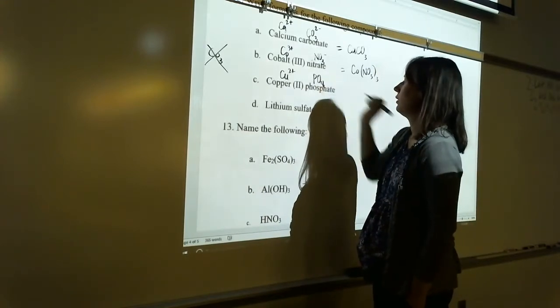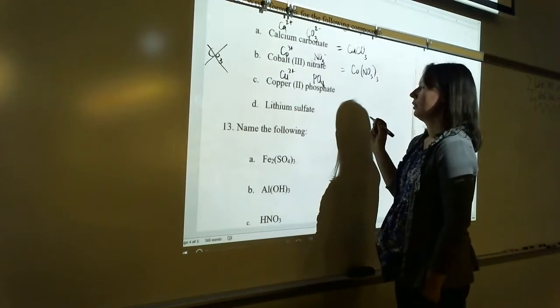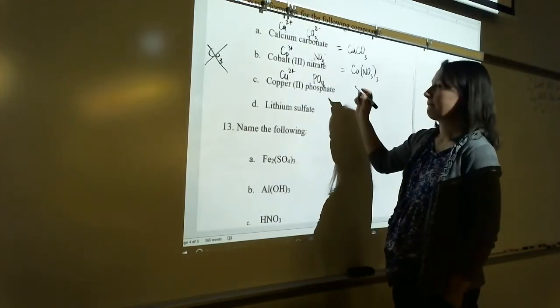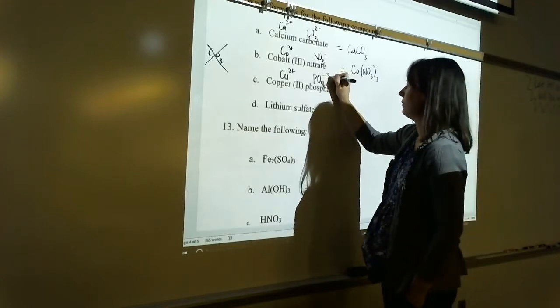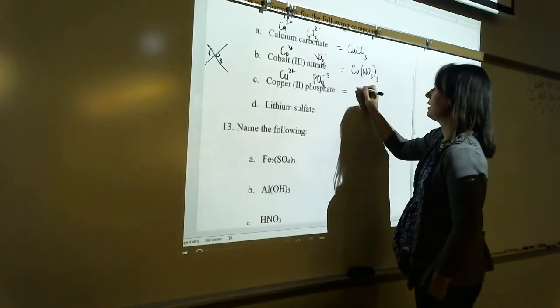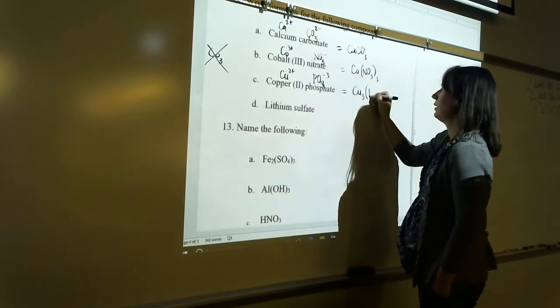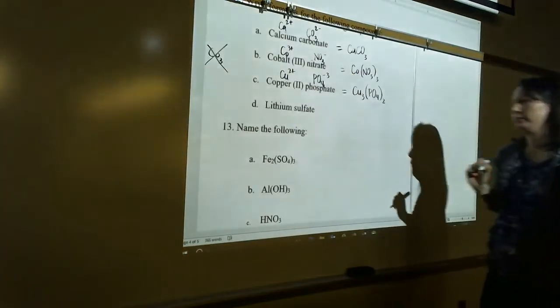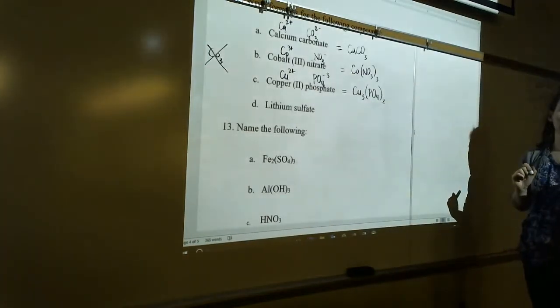PO4, what charge? What's the charge? -3. So what's the formula when you crisscross? It would be Cu3 PO4 2. Do we agree?